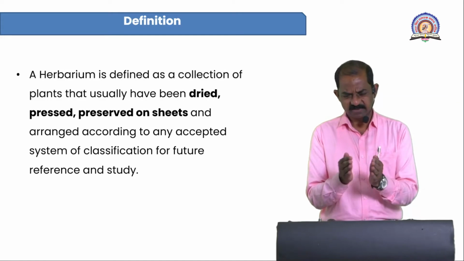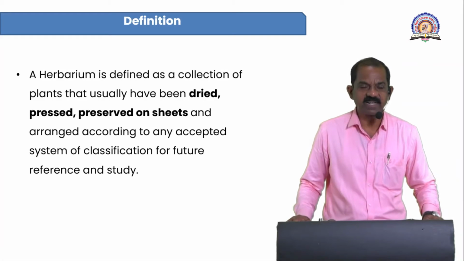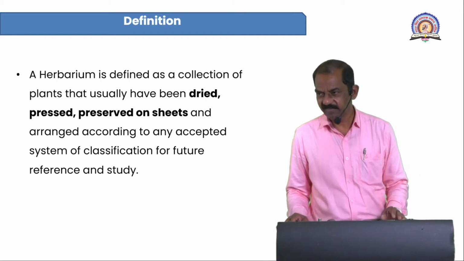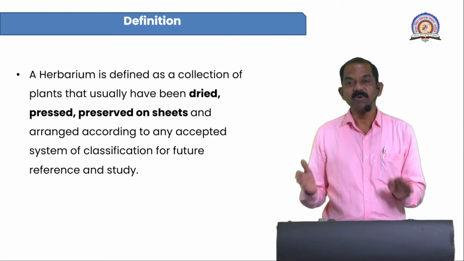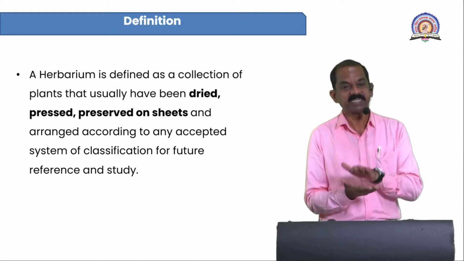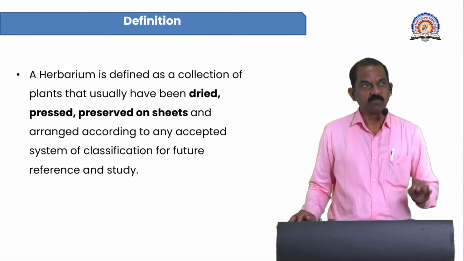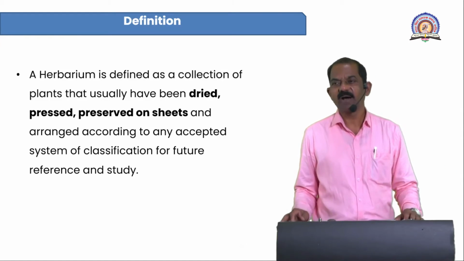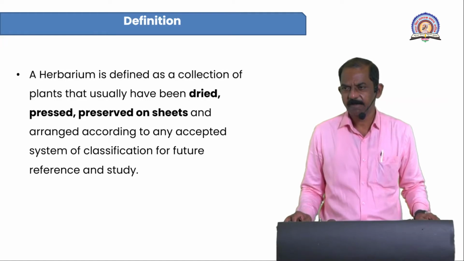Given the tremendous diversity and number of plants, from identified plants or it may be from unidentified plants, we preserve the plants safely in a special room with the help of a cabinet for future study or for reference to beginners.